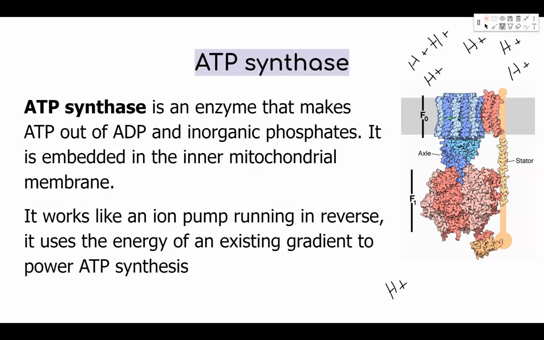It works like an ion pump running in reverse. Ion pumps will pump ions against their concentration gradient. This allows ions to diffuse down their concentration gradient. It will use the energy difference between our two sides to generate ATP.